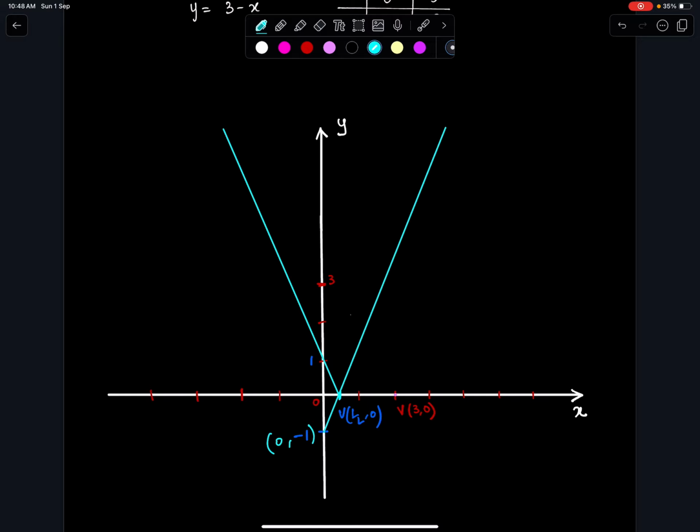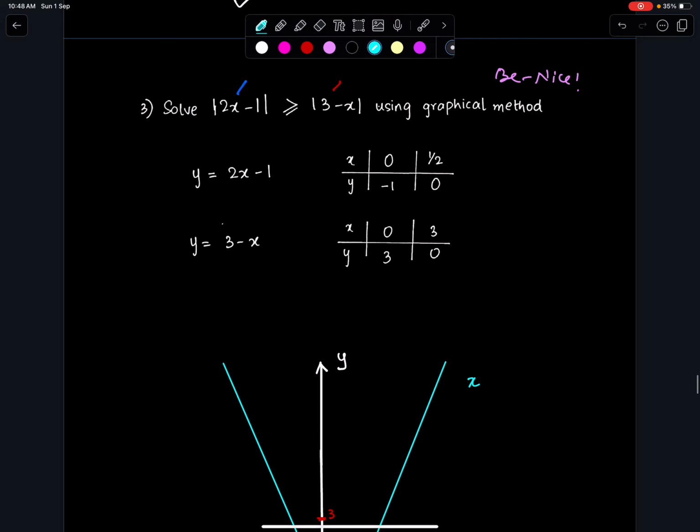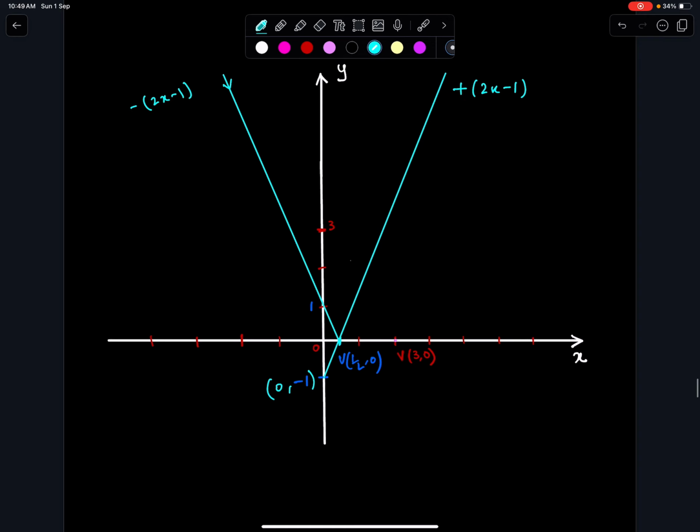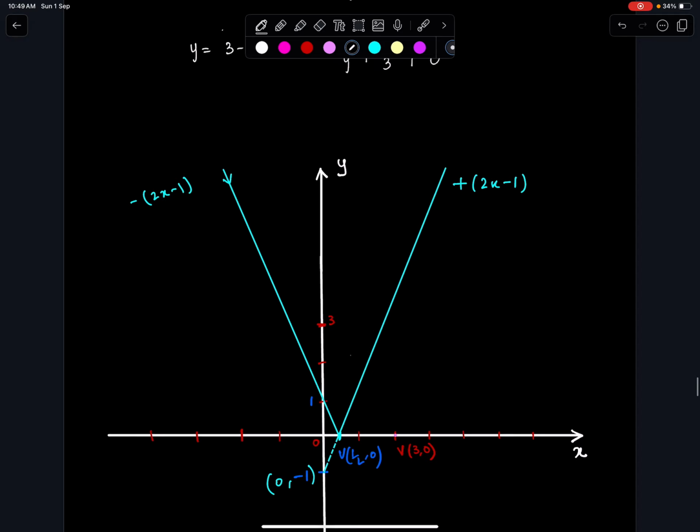So this is the positive part of the modulus 2x minus 1, and this is the negative part of the modulus, 2x minus 1 negative. Now either erase this negative part of the line or show it by means of broken lines.